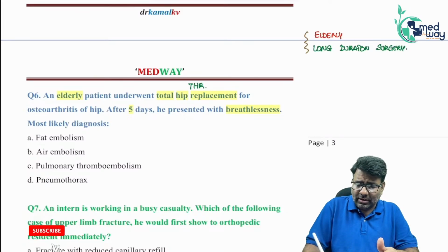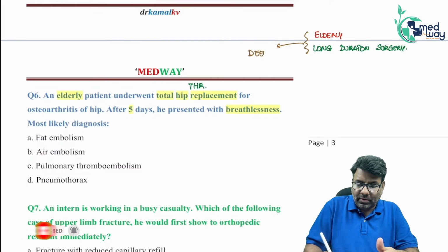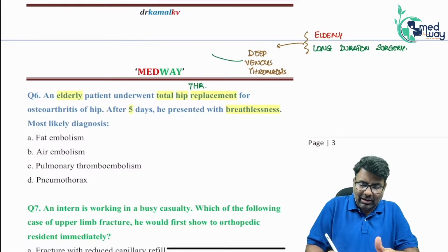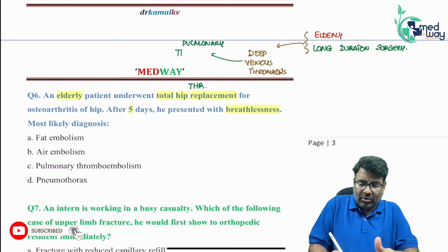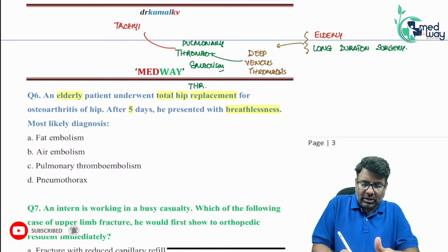Now these 2 points increase the chances of deep venous thrombosis, and this can lead to pulmonary thromboembolism. And pulmonary thromboembolism presents as tachypnea or dyspnea, right?